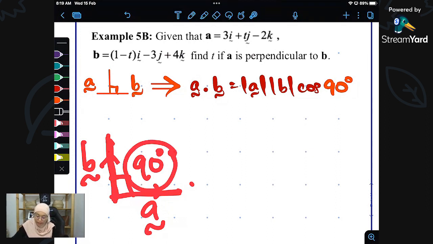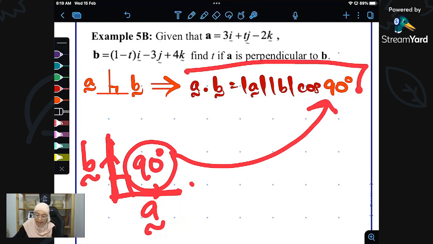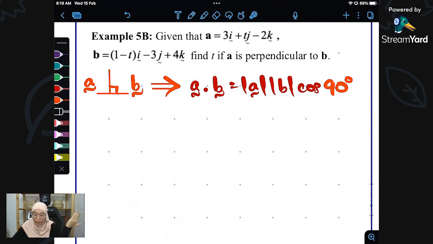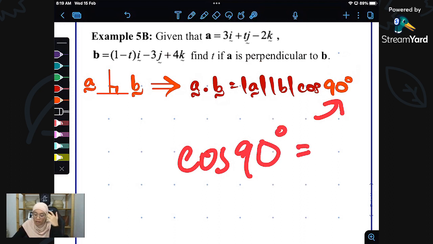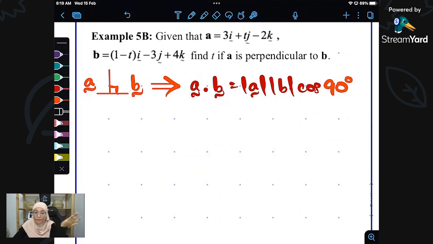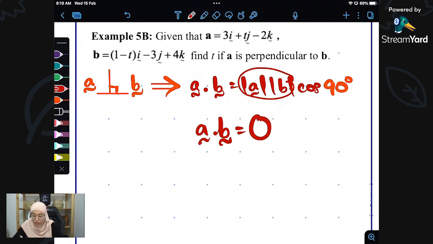So we just put this 90 degree into the formula yang ada angle tersebut. Remember the last video, we got angle theta. So just sub in the 90 degree and you tekan calculator, cos 90 degree is actually 0. That's why 0 times with its magnitude, it will give us A dot B vector, it gives us 0. Sebab apa?